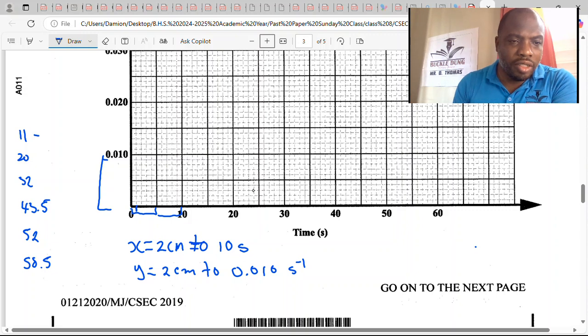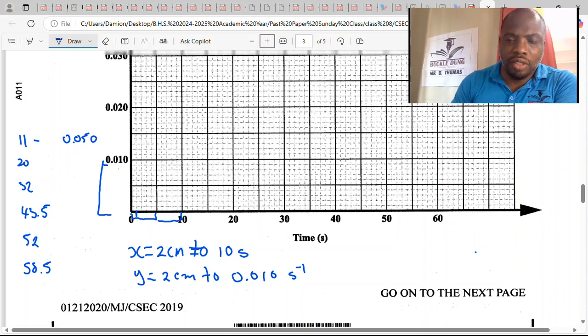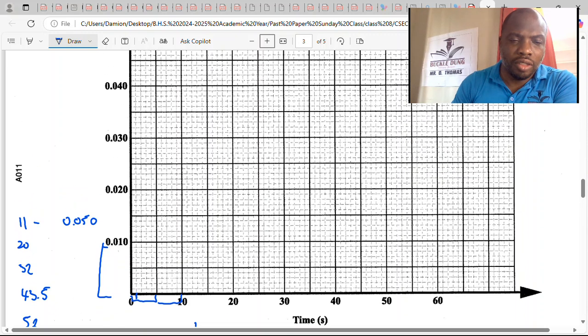What was the rate? The rate? Well, I never get all of them. 0.050, and 0.031.